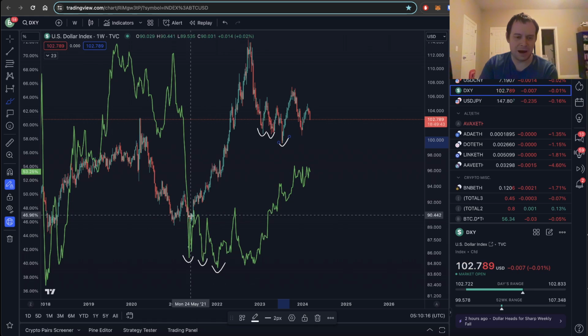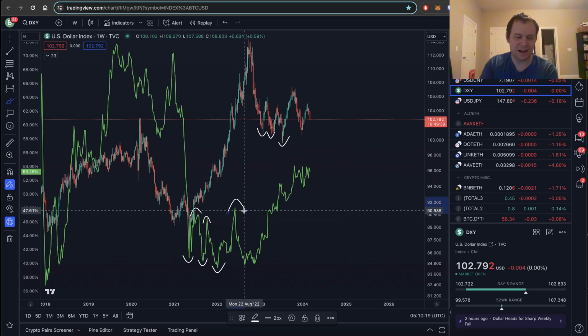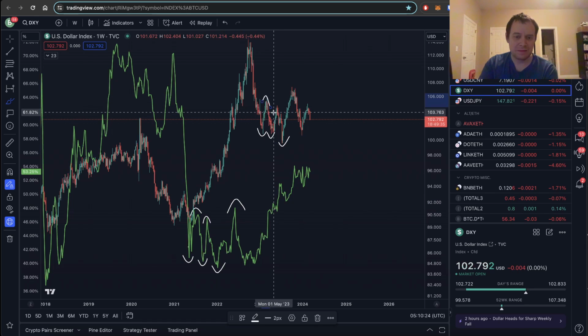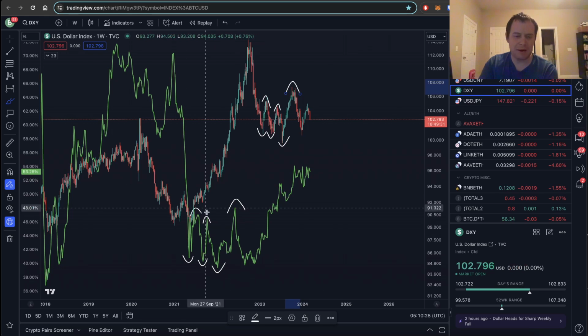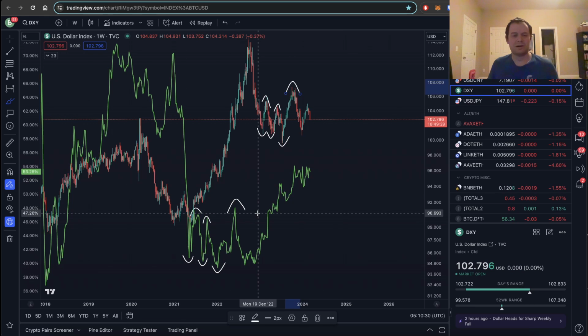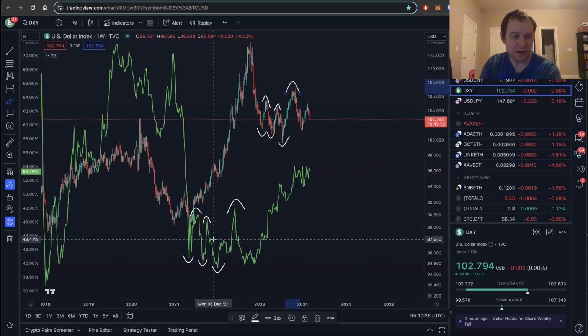And throughout that pattern, you had a high, a lower high, and then a higher high. Same thing here: a high, a lower high, and then a higher high. So that first part of the pattern played out almost identically to Bitcoin dominance.